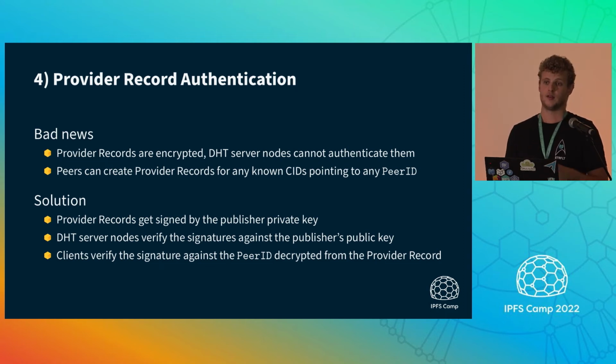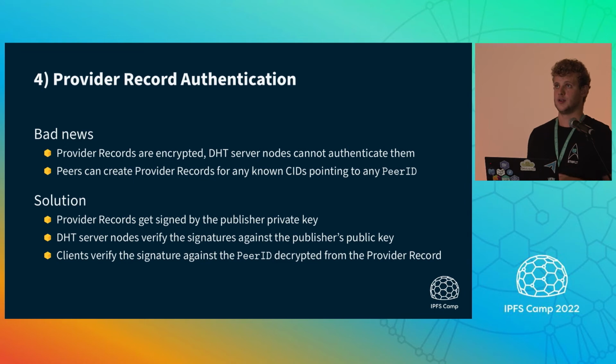And so the DHT server cannot verify anymore if the peer ID in the provider record matches my peer ID because I'm uploading it. So what we can do is simply sign the encrypted provider record, so that the DHT server can verify that the signature of the encrypted provider record, which the server cannot read, matches my connection with it.